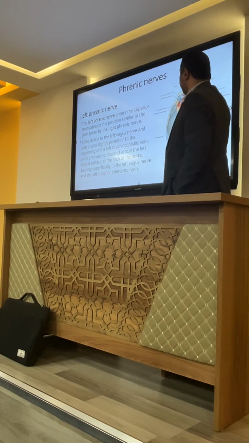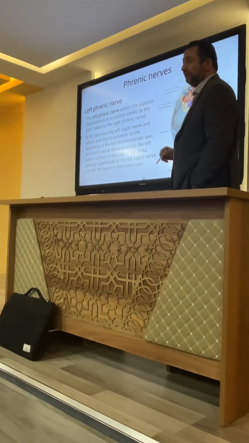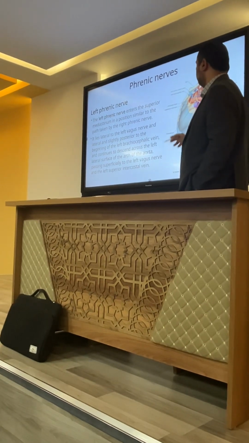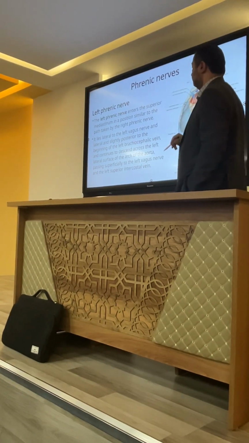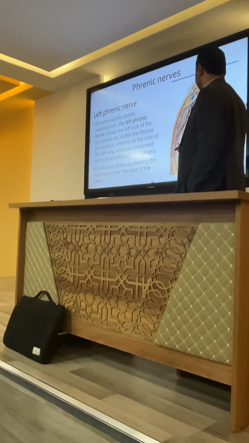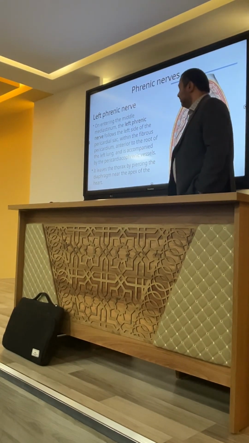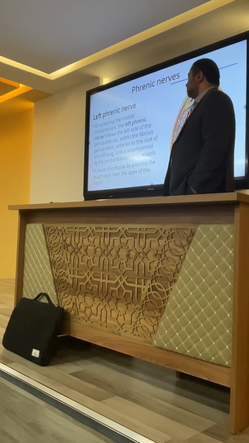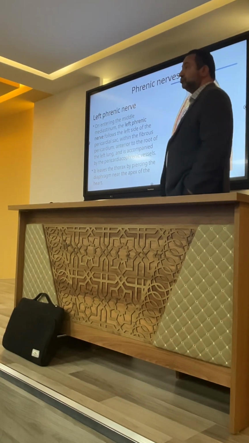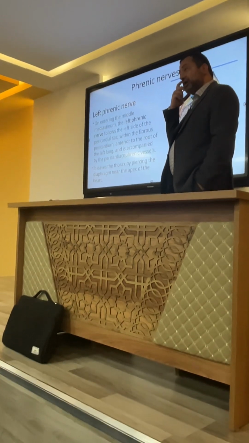This is left phrenic nerve. Left phrenic nerve follows the left side of the pericardial sac within the fibrous pericardium, anterior to root of the left lung.